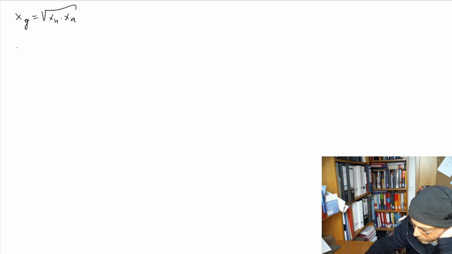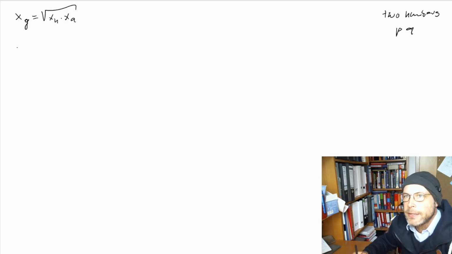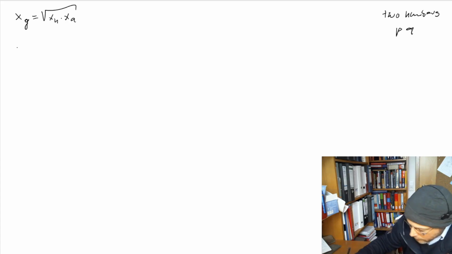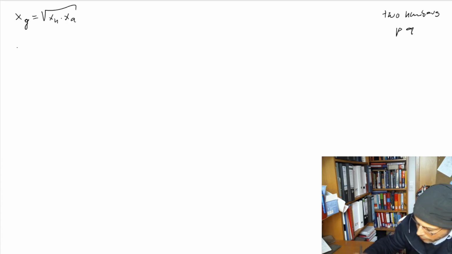Let's say we have two numbers, p and q. Later on we will do the Pythagorean. Therefore I take just for the parts of the hypotenuse p and q. I think this you also have seen in school. And then we put it in.